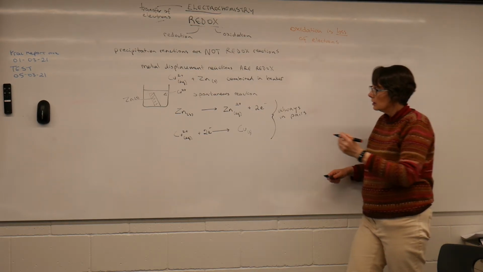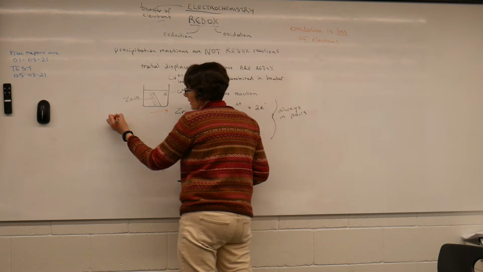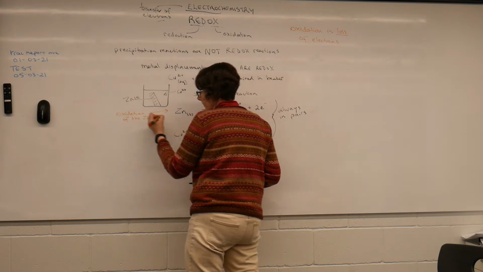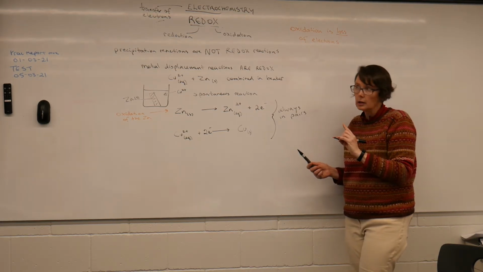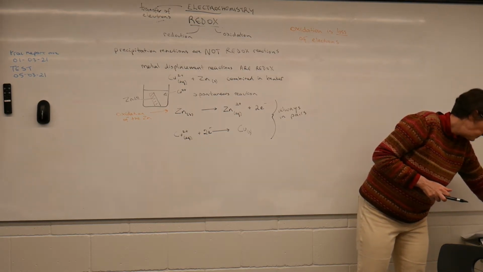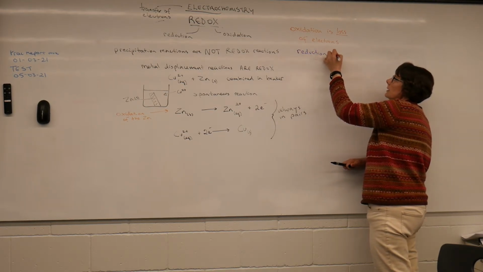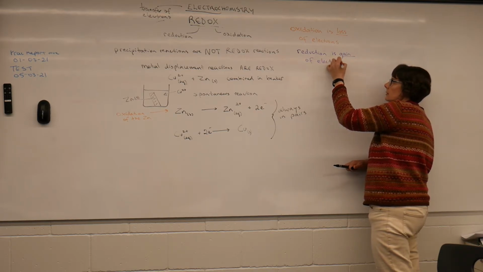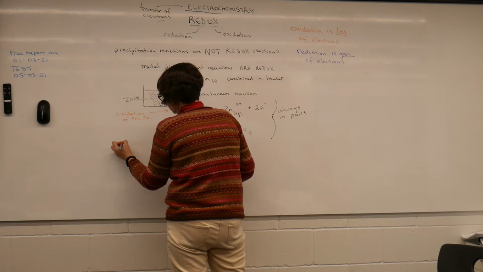And so, if oxidation is loss of electrons, this is oxidation, because the zinc has lost electrons and becomes zinc ions. And reduction is gain of electrons. And so the copper ions here have been reduced.